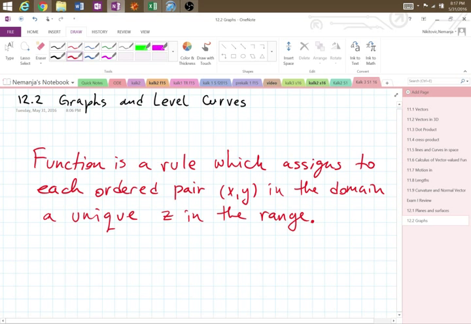So clearly this is geared towards the 3D case because we have two-dimension input and then one-dimension output. Put them together, it's a 3D xyz.